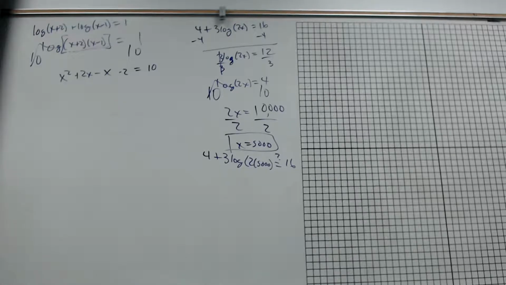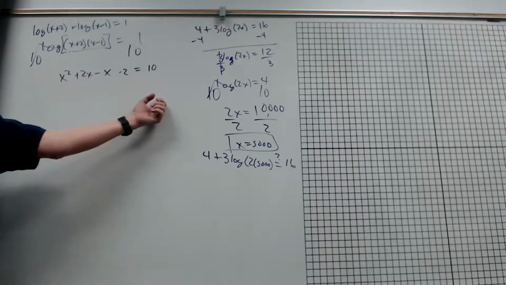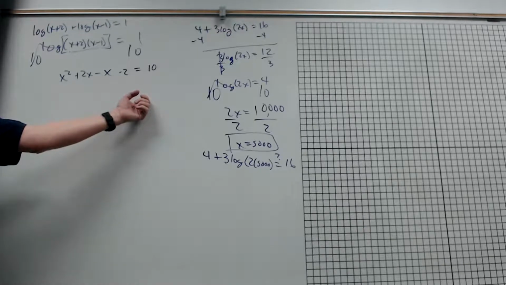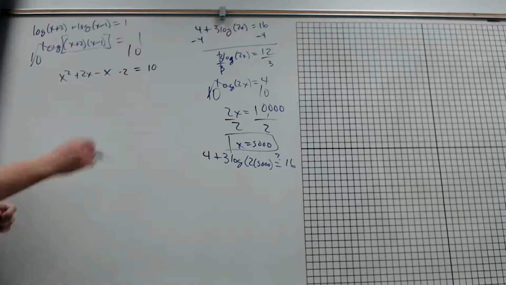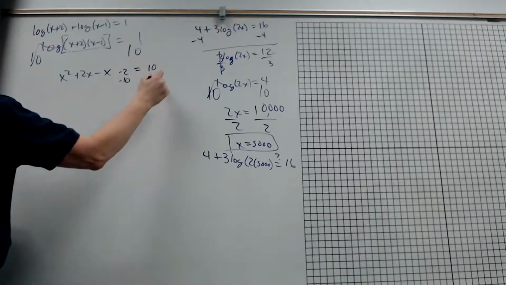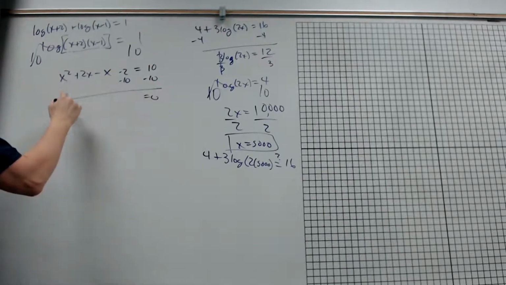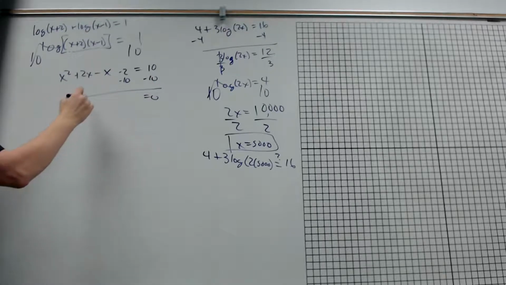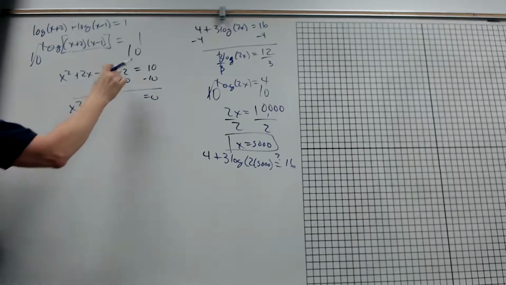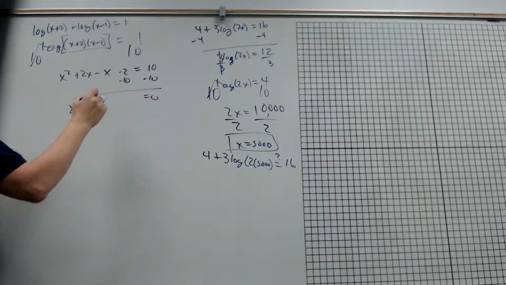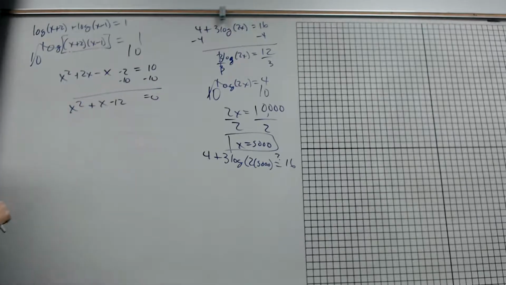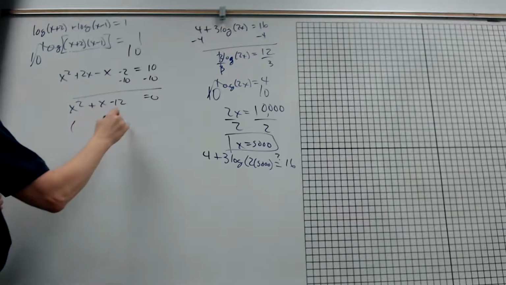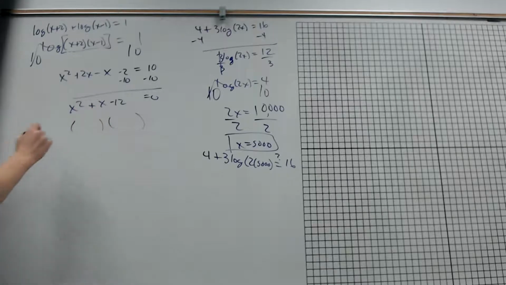Okay, all right, so we got a quadratic equation. How do you solve that? Subtract 10, so something's going to equal 0. We've got x squared, 2x minus x is 1x, and then negative 2 minus 10, negative 12 equals 0, and that factors into x and x.